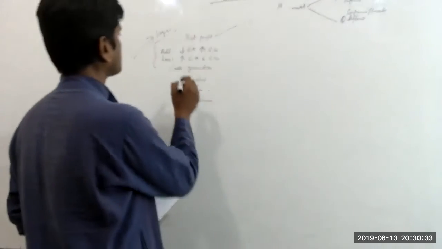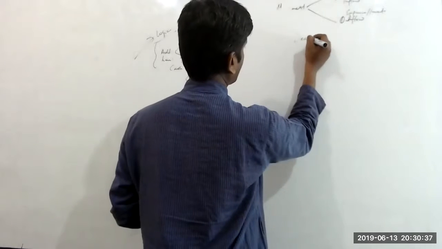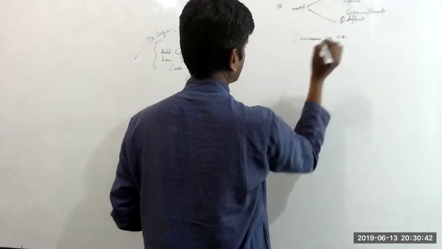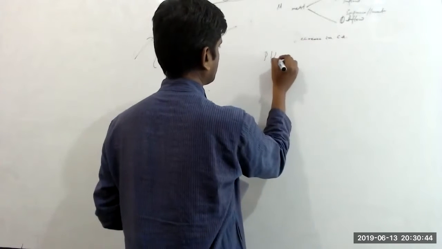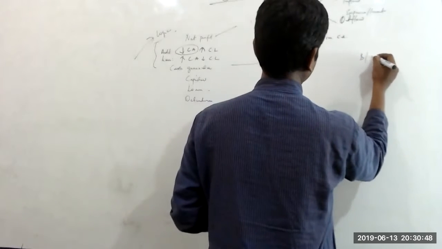So first, let us take up the decrease in the current assets. Why am I adding the decrease in current asset? Okay, so let us take up a P&L and balance sheet.